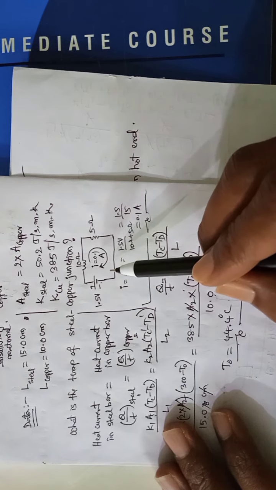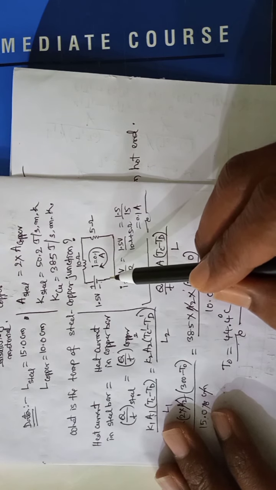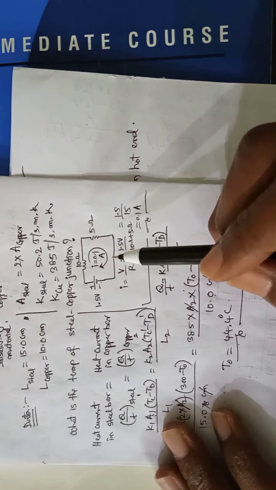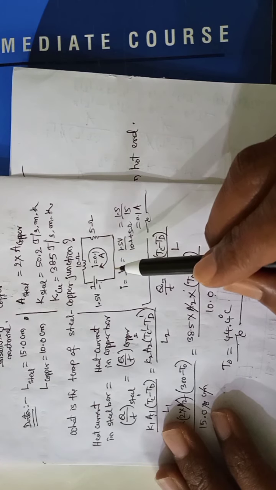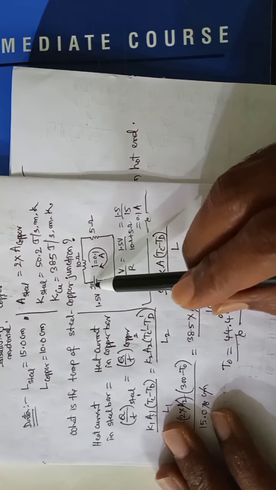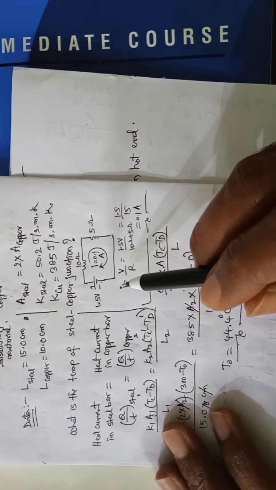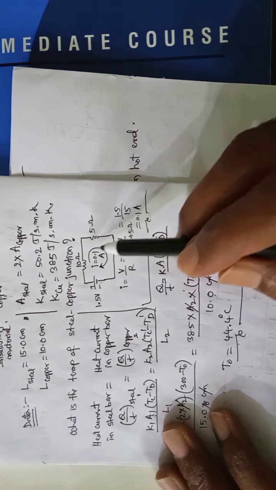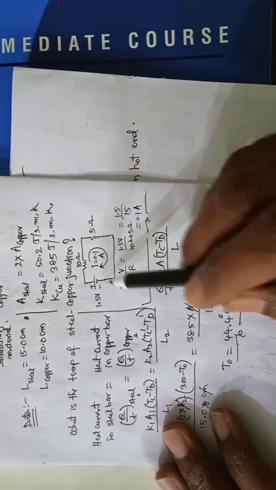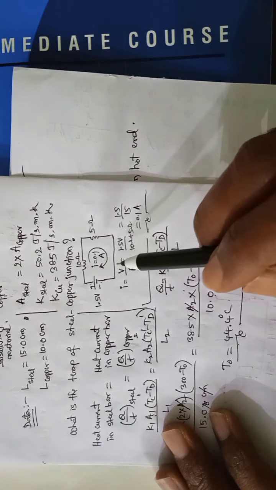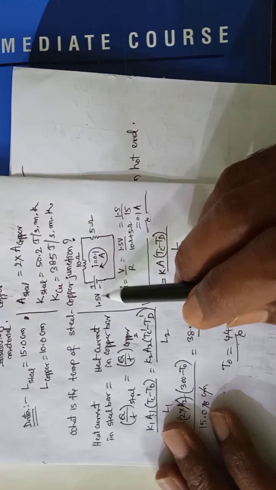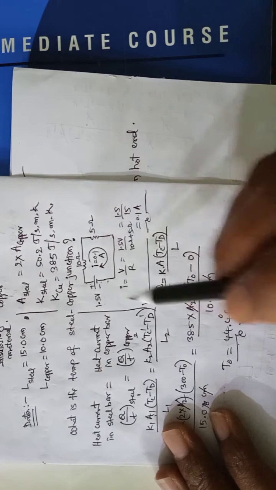And see, heat flows from higher temperature to lower temperature. Just like that, electric current flows from higher voltage to lower voltage, higher potential to lower potential. So that's why we always show the current direction from plus sign to minus sign. So the 1.5 volts is potential difference between the cell.